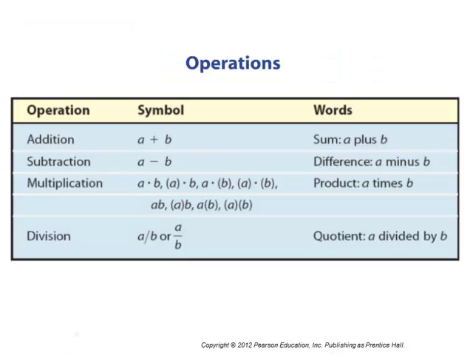Moving along here. Now we're going to talk about combining two numbers, right? I think that we all, at this point in our academic careers, know how to add, subtract, multiply, and divide. So we're not going to spend a lot of time here. But we're just going to recall the symbology for adding two numbers. Of course, we use this plus sign.